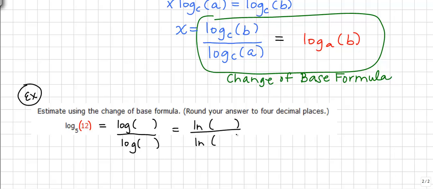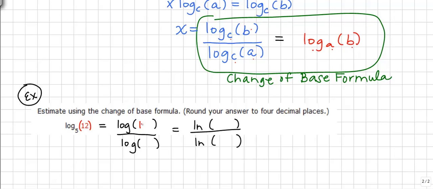But the change of base formula says this to me. When I look at this process, I have log base 5 of 12. So when I convert to a new base, notice where the values go in the new formula.